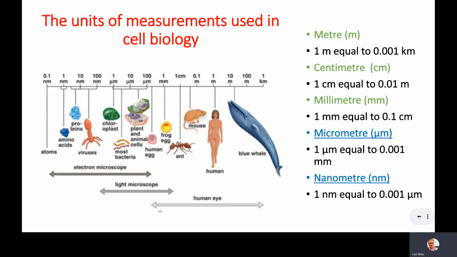A nanometer can be used as a measurement of viral particles or proteins or even amino acids. If we want to get really small, we can look at the size of atoms using a nanometer. So just in case you see those units, the micrometer and the nanometer, I'm sure you've got some understanding of their size and proportion.